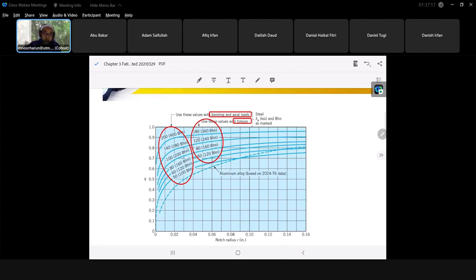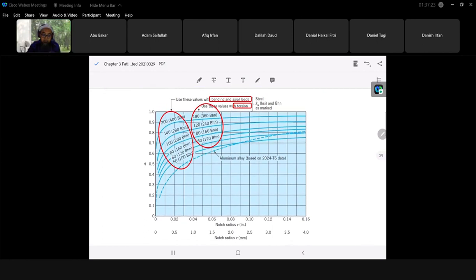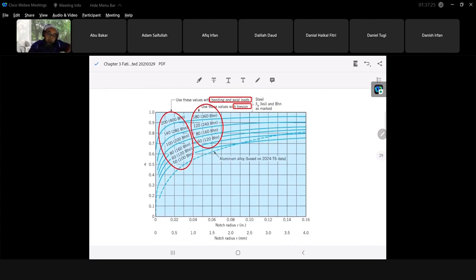So how to read this one? Okay, let's say Y, this notch. X, so you have the value of notch radius.